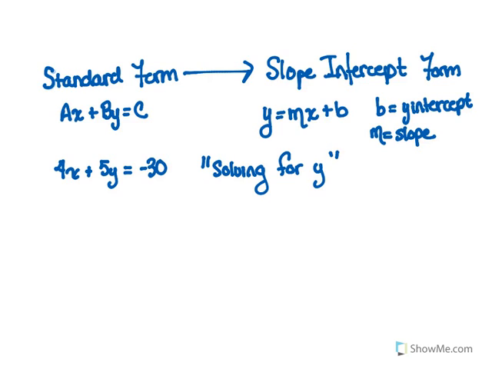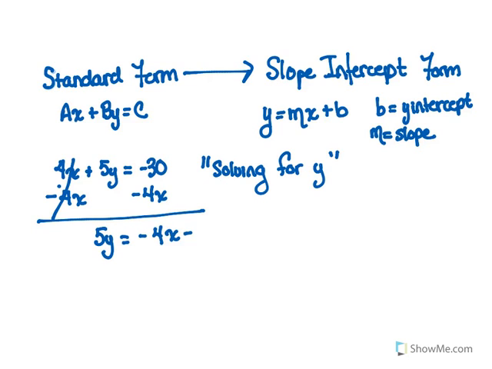Okay? So the first thing I need to do is add or subtract the x term. Because this 4x right here is positive, I'm going to subtract 4x from each side of the equation. And what happens is this goes away, and I get the equation 5y is equal to negative 4x minus 30. Now, I can't combine these two because these are not like terms.